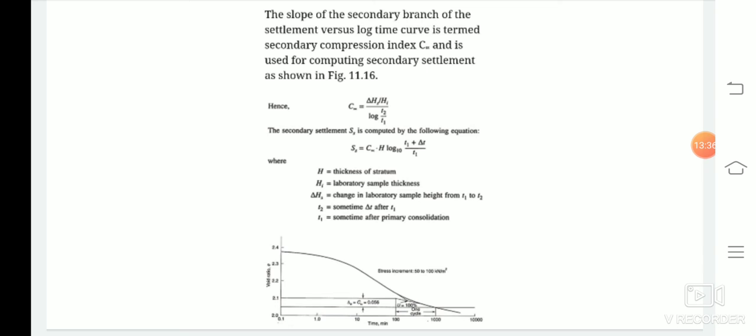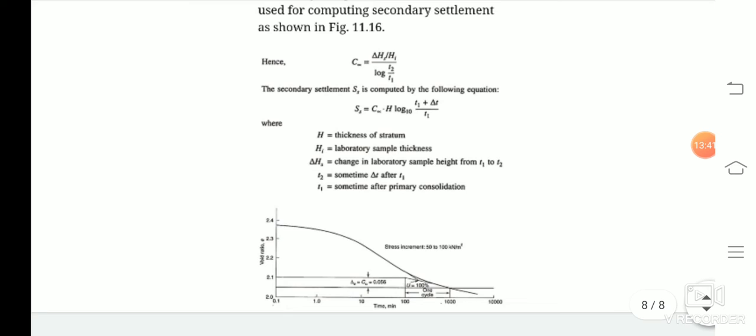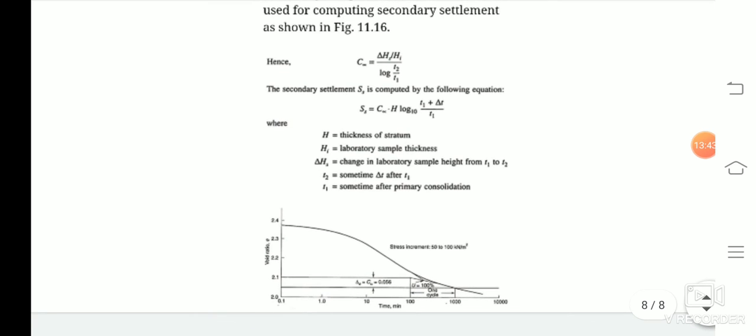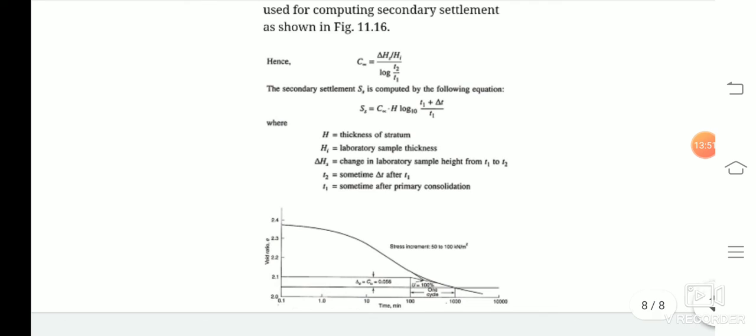So here we can find the secondary compression index, and this value is given by C alpha equals delta H by Hf divided by log of t2 by t1. So from this compression index, we can easily find the value of the secondary settlement.